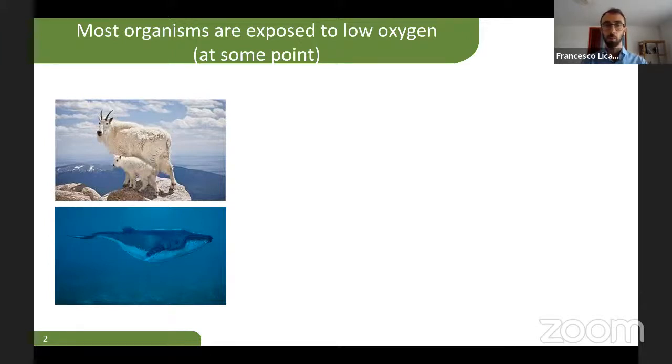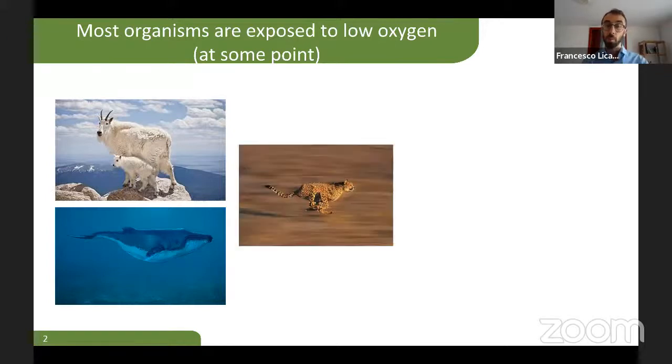This is the case, for example, when animals either dive deep in the oceans or climb up in mountains where air is thin. But also in more aerobic settings, extensive metabolic activity might require more oxygen than what is actually available. And this establishes a serious hypoxic condition.